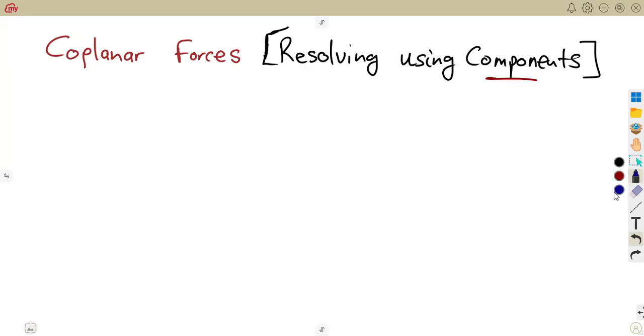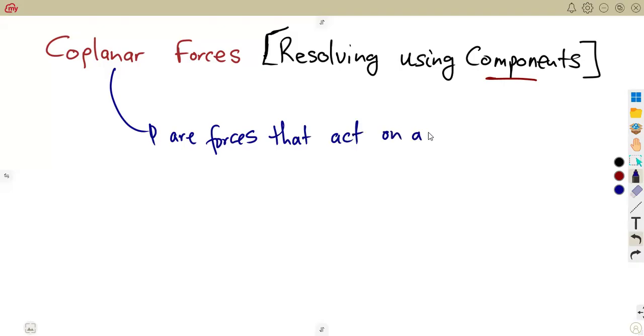So the coplanar forces, we are simply referring to the forces that can act on an object that are in the same plane. So we are simply referring here to say these are forces that can act on an object in the same plane.